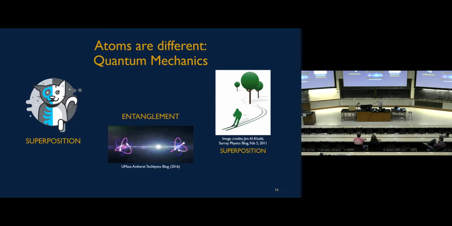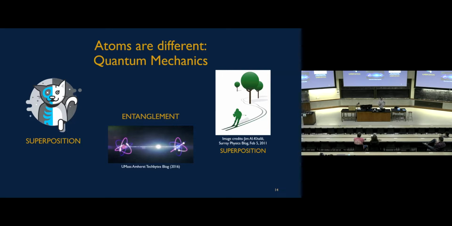The other fundamental way in which atoms differ from regular stuff is entanglement, which means that two things that are distant from each other can affect each other instantaneously somehow. And that also plays a role in some properties of some materials. But these are the only two ways.